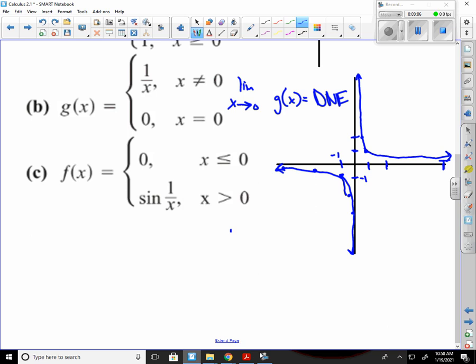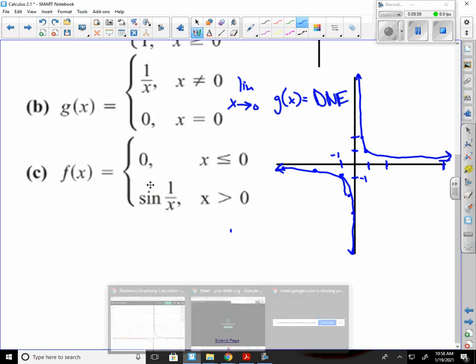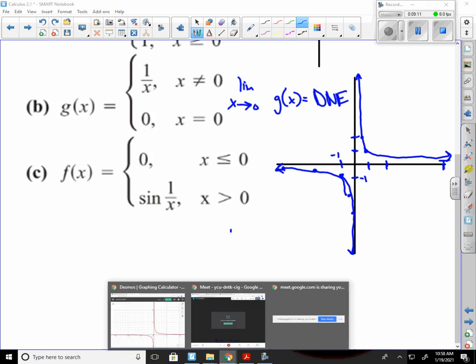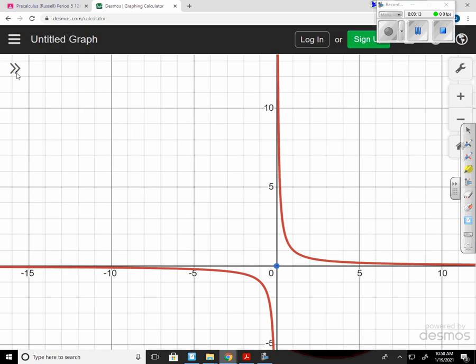I can put this in now to Desmos for C. I'm going to do sine of 1 over x. Click on these arrows.